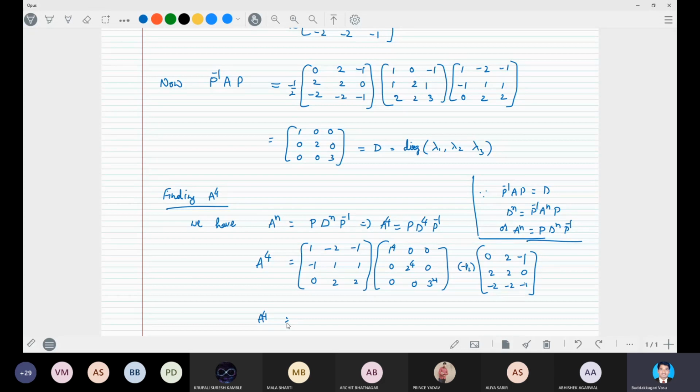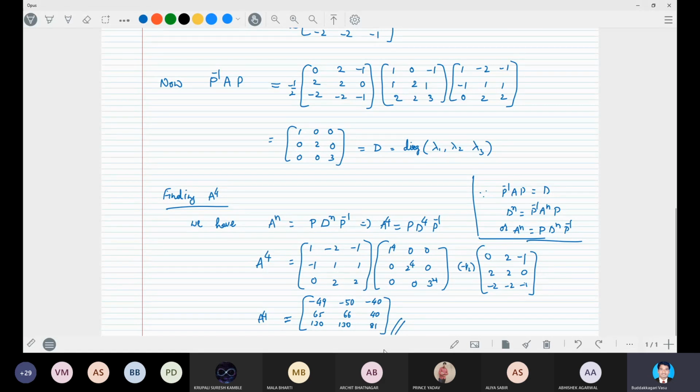So hence A power 4 is equal to, I am giving you, you can verify, minus 49, minus 50, minus 40, 65, 66, 40, 130, 130, 81.